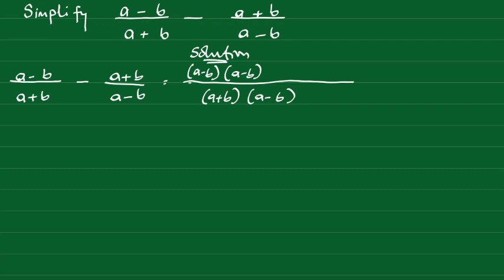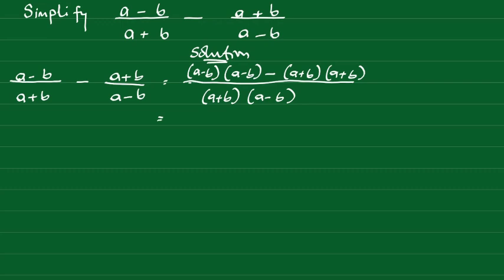We bring our minus sign here. Next, we have (a plus b)(a minus b) divided by (a minus b). This leaves us with (a plus b). So we end up having (a plus b) times (a plus b) at our numerator, which gives us (a plus b)(a plus b).